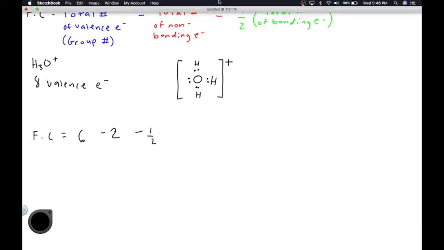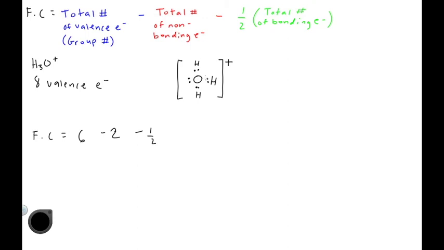Since there are 3 covalent bonds in hydronium, and each bond involves 2 electrons, we have a total of 6 bonding electrons. So if we do the math, we have 6 minus 2 minus 3, which is 6 minus 2 equals 4, minus 3 equals 1. So the formal charge on oxygen is going to be plus 1.